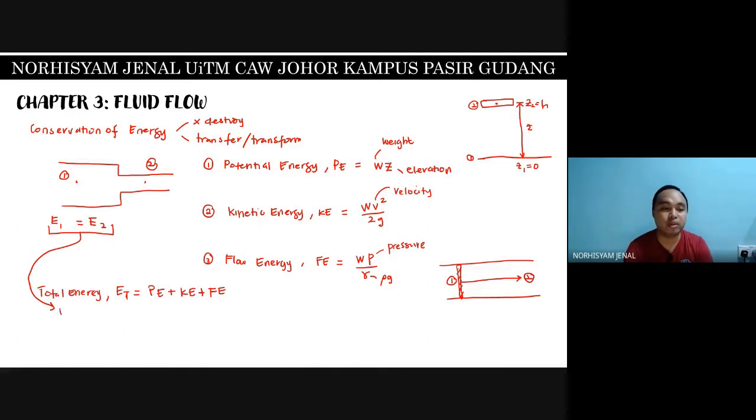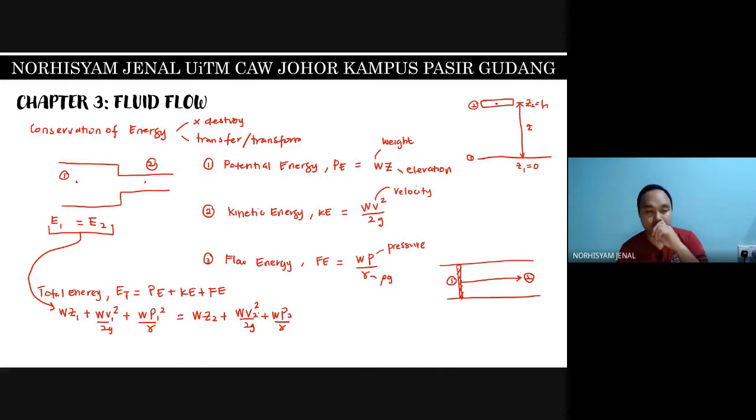So we should get WZ1 plus WV1 square over 2G, plus WP1 over rho G, is equal to WZ2 plus WV2 square over 2G plus WP2 over rho G. So this will be total energy at point 1 equal to total energy at point 2.